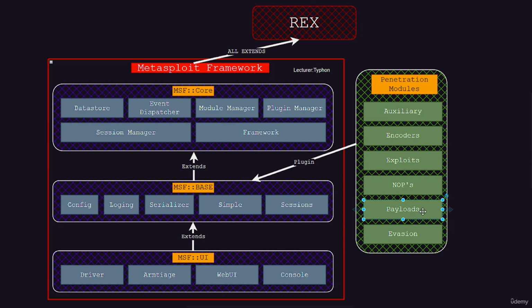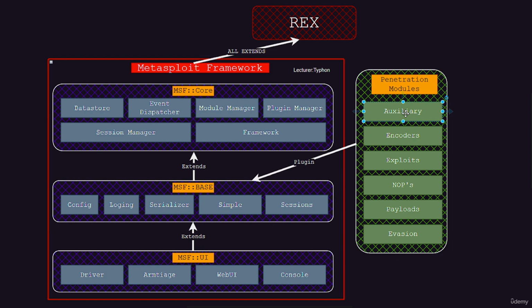The payloads can perform various tasks such as installing a backdoor or running specific commands on the target system. The well-known Metasploit shell is an example of a payload, and it offers extensive control over a compromised system.